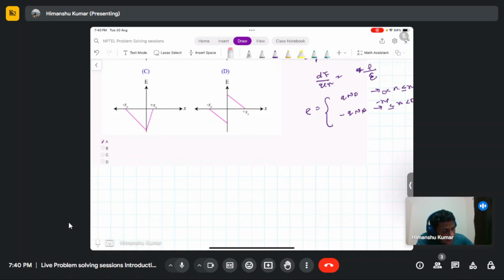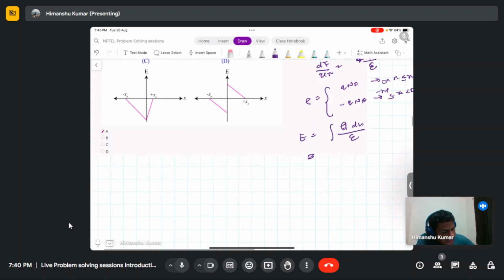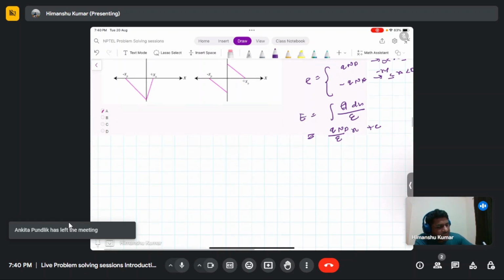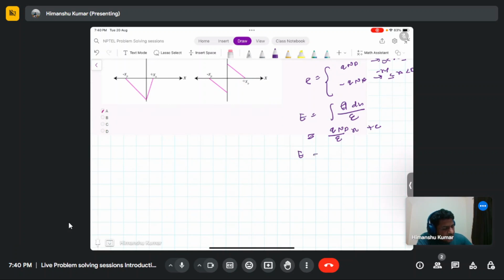E will become the integral of rho dx by epsilon, and rho is basically your qND. So this is constant. So this integral will become qND by epsilon times x plus C1 in the positive direction. Similarly, in the negative direction, it will become minus qNA x by epsilon plus C2.